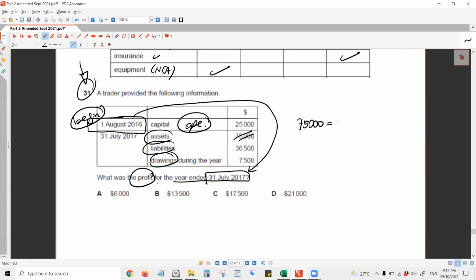Continue with opening capital, 25,000, plus, once you cross it off, plus profit for the year, which is the missing figure, minus drawing, 75,000. Is there additional capital in this question? No, don't have. Is there liability? Yes.